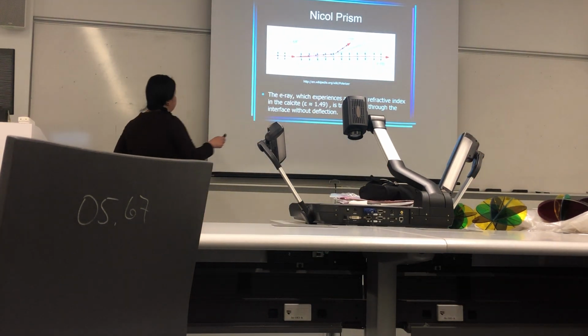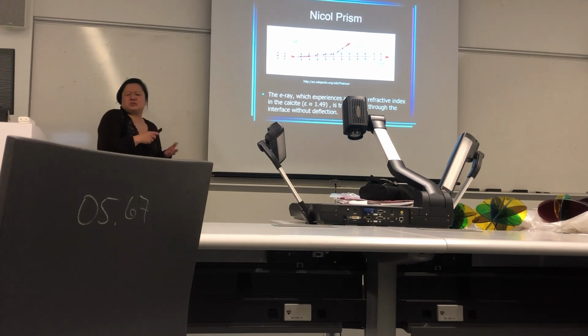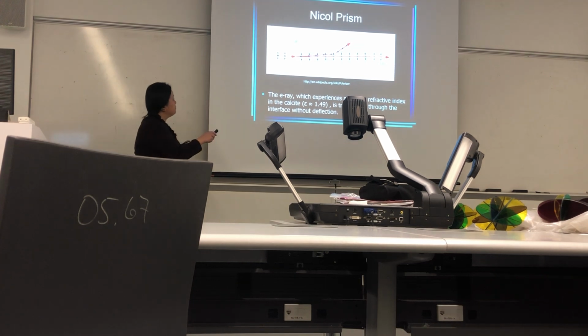the light is entering, and you can think of this as the east-west light, the light that's vibrating east-west as it goes through my polarizing light microscope, okay? The light enters, and when it enters, it splits into two rays, and they are vibrating perpendicular to each other. One of them is the O-ray, one of them is the E-ray.